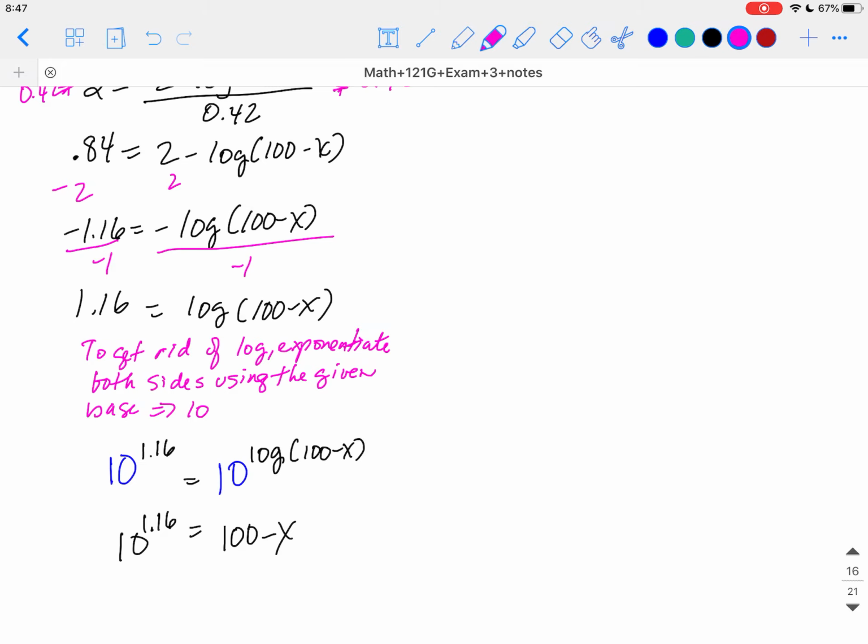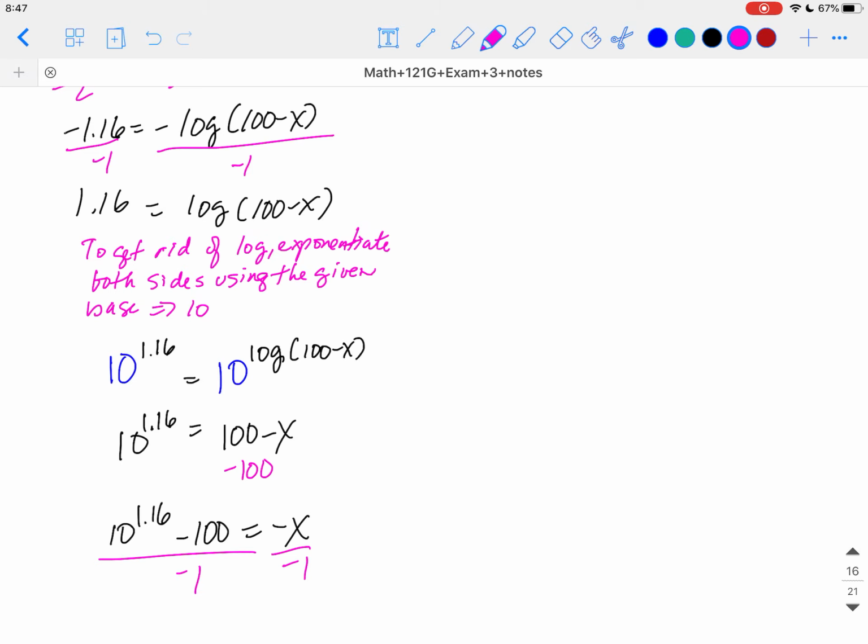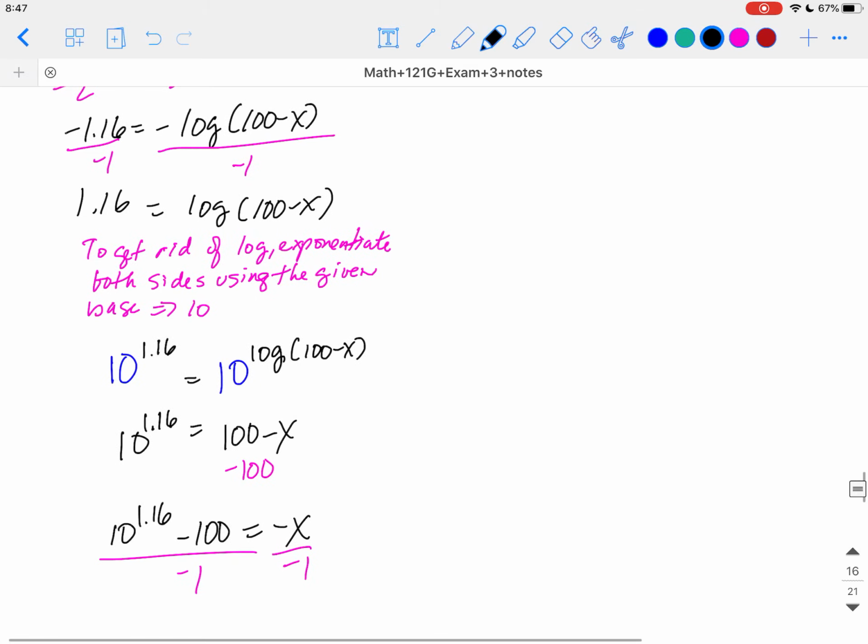So if you want to solve for x, you're going to get rid of the 100. And so 10 to the 1.16 is some number, but I'll let the calculator calculate it. 10 to the 1.16 minus 100 is equal to negative x. To get rid of that negative, I'm going to divide everything by a negative. And so this is my answer for x.